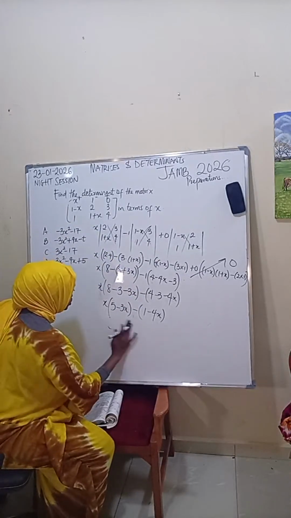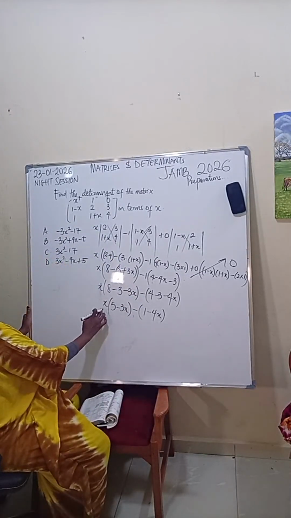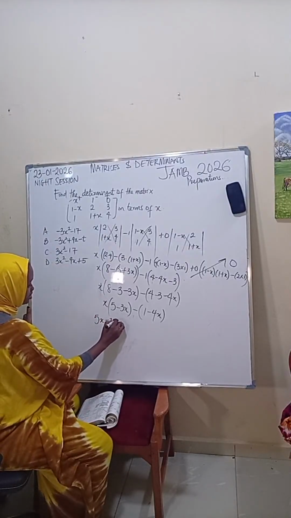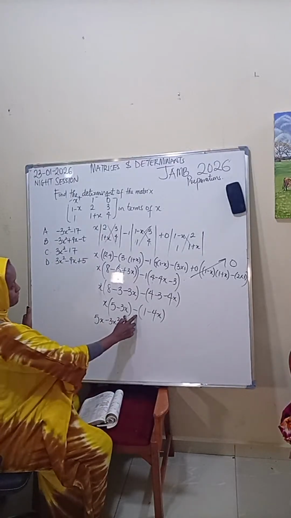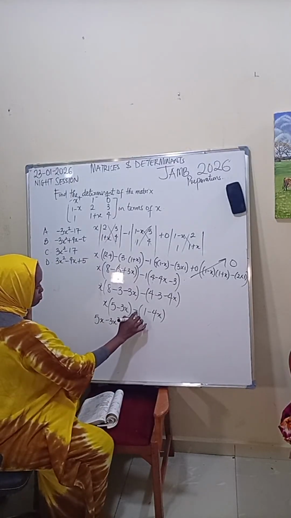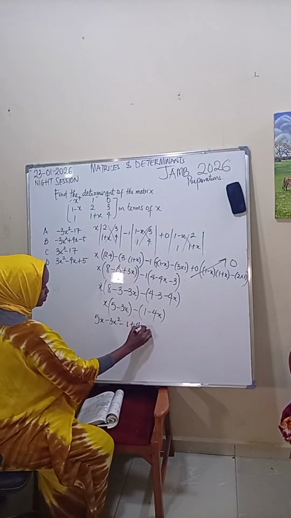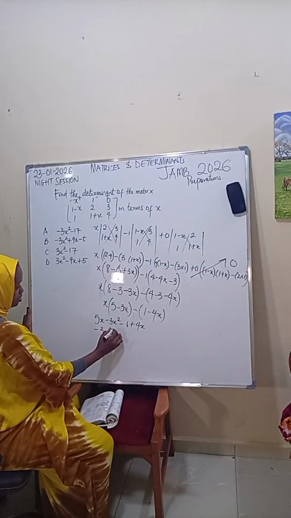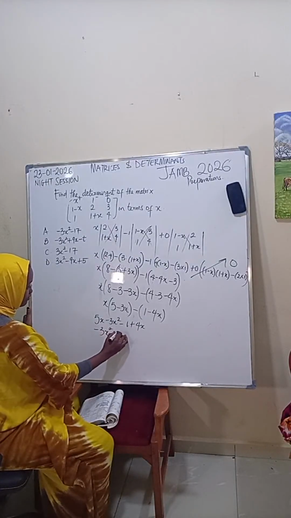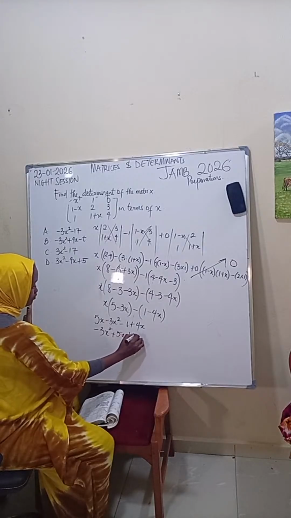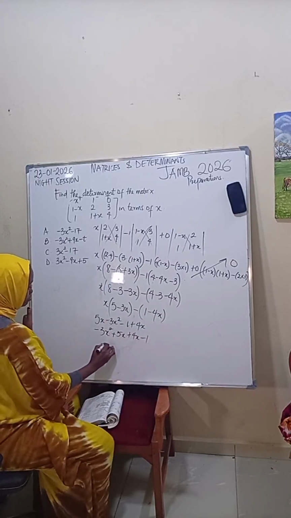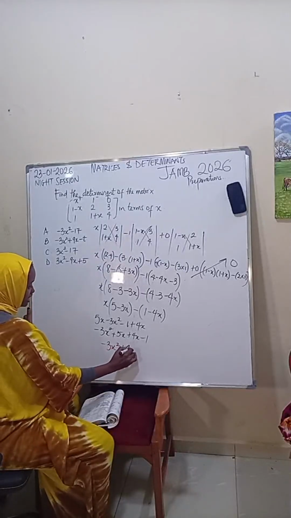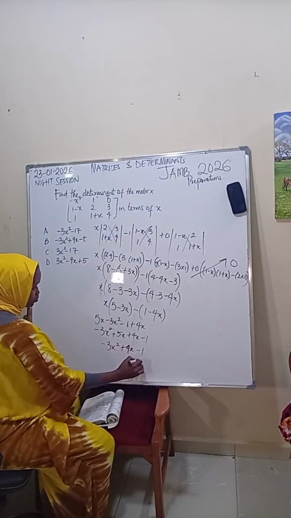Let me open up this bracket. x times 5 gives me 5x. x times minus 3x is minus 3x squared. Minus 1, minus times minus is plus 4x, right? So rearranging, we have minus 3x squared plus 5x plus 4x minus 1. So this becomes minus 3x squared plus 9x, then minus 1.